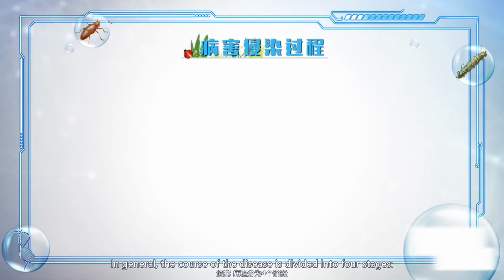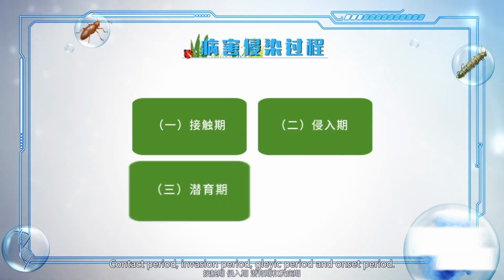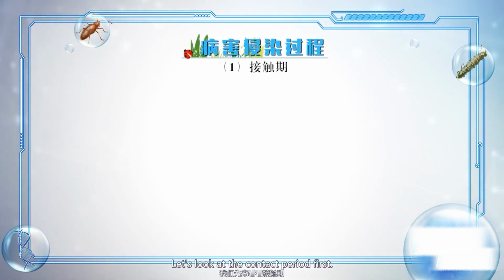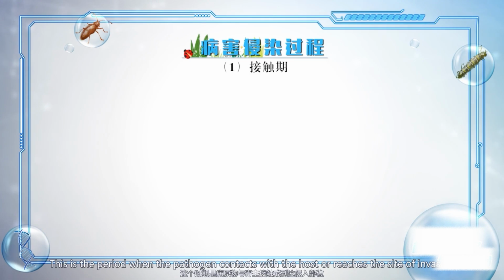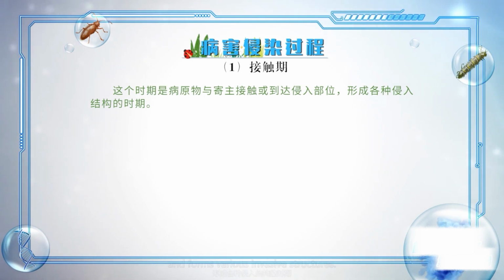In general, the course of the disease is divided into 4 stages: contact period, invasion period, glaic period, and onset period. Let's look at the contact period first. This is the period when the pathogen contacts the host or reaches the site of invasion and forms various invasive structures.